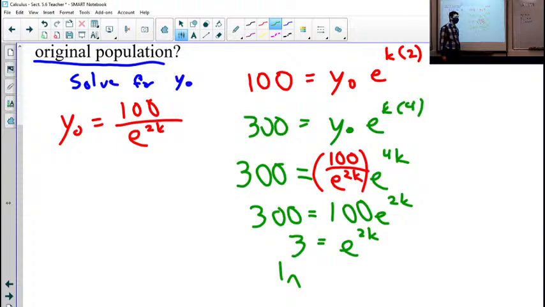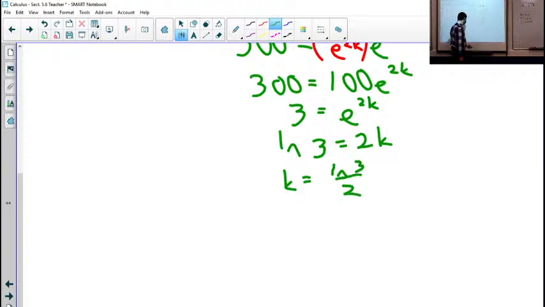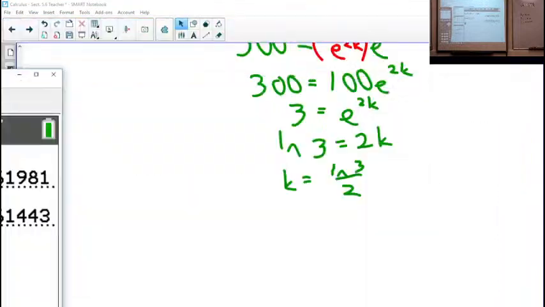Rewrite with natural log. So k equals natural log of 3 over 2. We're going to get a decimal. .5493.